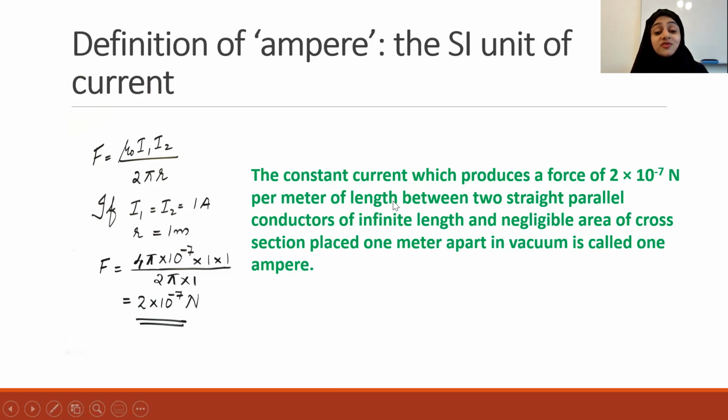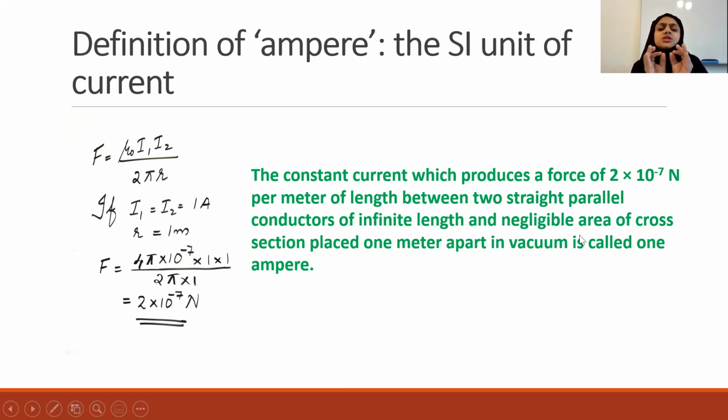Why per meter of length? This is the force experienced per length. So per meter of length between two straight parallel conductors of infinite length. We considered them as infinitely long straight wires carrying current while we derived this equation.